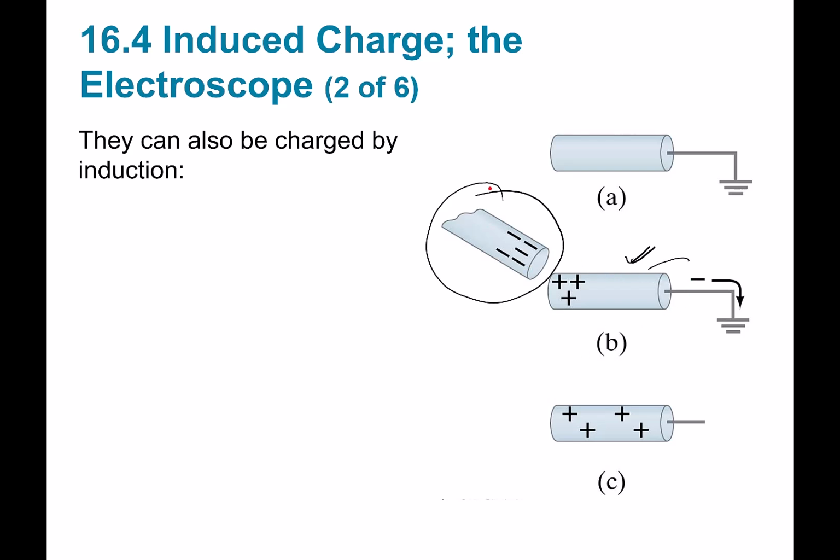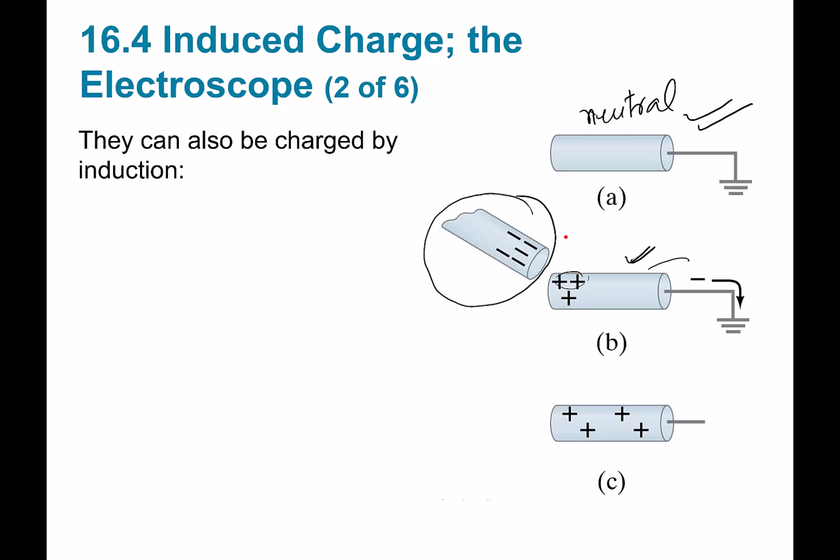If you look at this diagram first, this rod was neutral initially. Then I brought this negatively charged rod close to it. Because of the atomic structure, the negatively charged electrons are free to move in the metal.